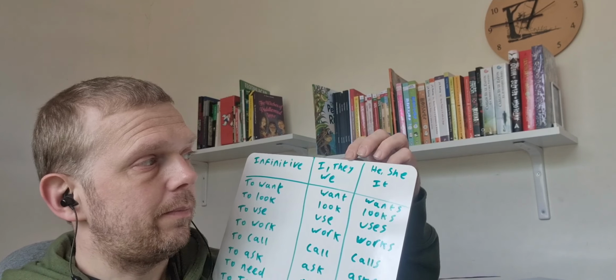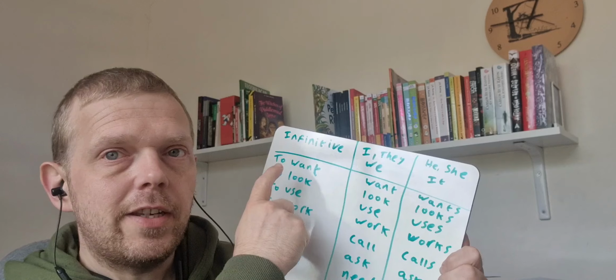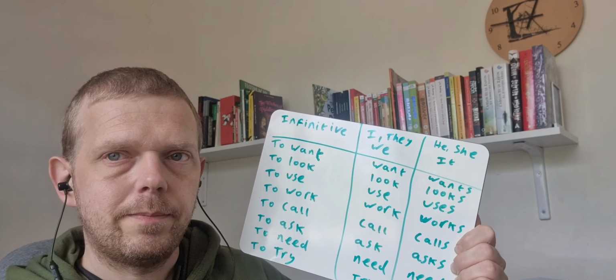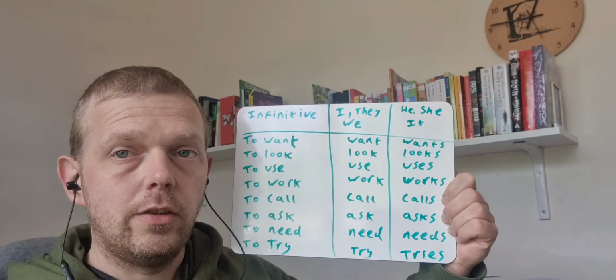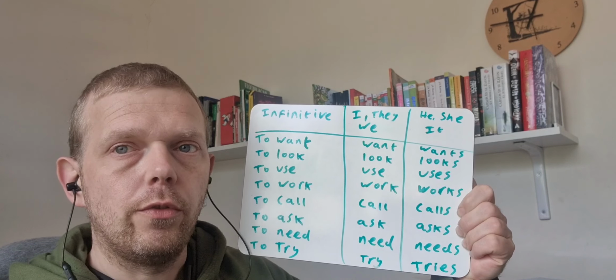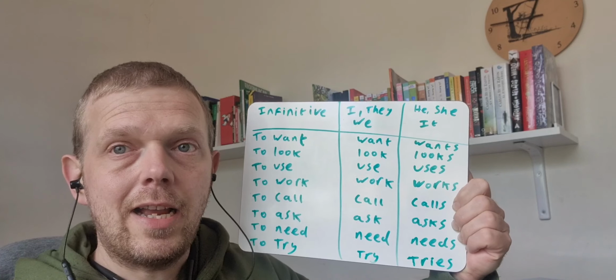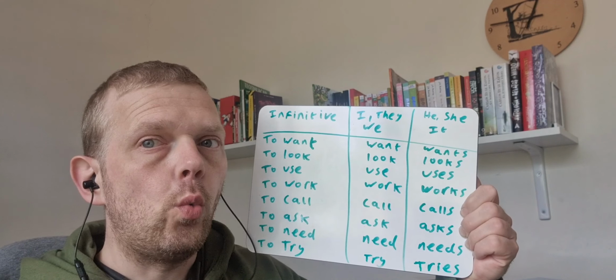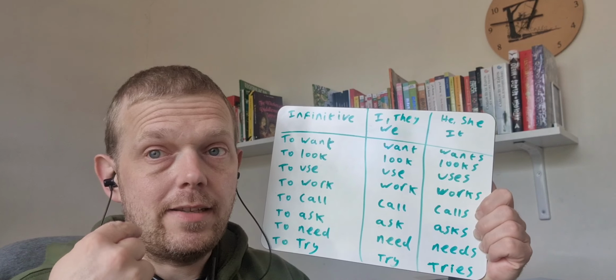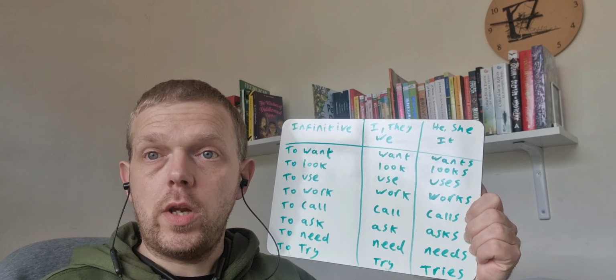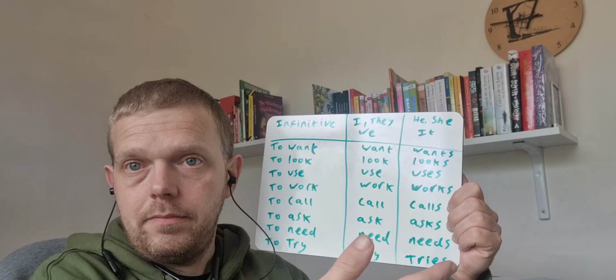A few verbs here. The infinitive is to want. So, to want. To conjugate for I, they, or we. So that is I, they, all of them, or we, me and a friend.